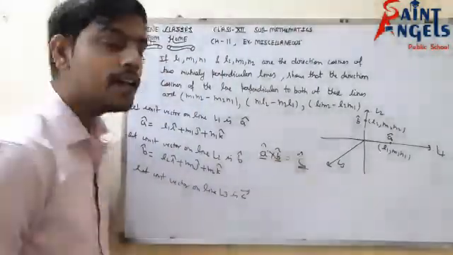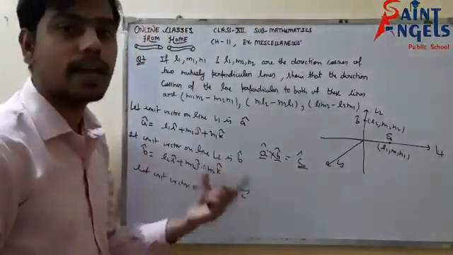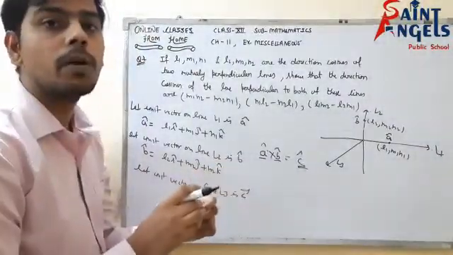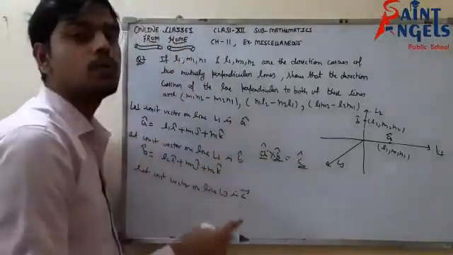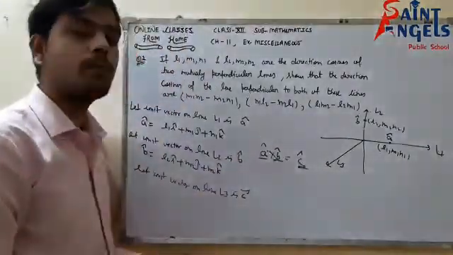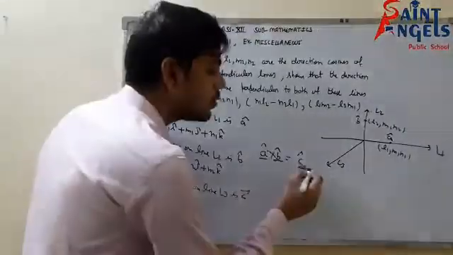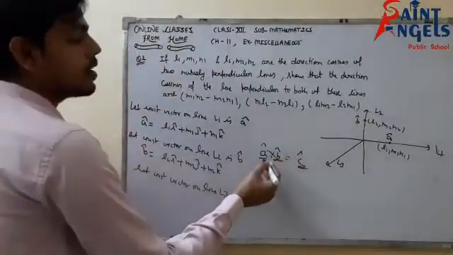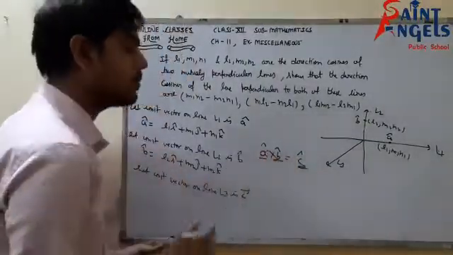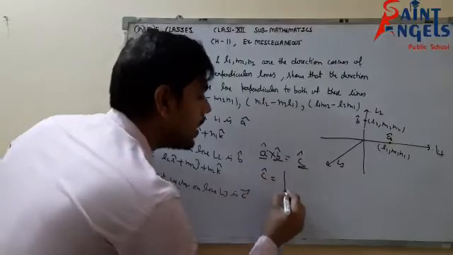Whenever we have a set of three mutually perpendicular lines, the cross product of any two, whether in unit vector form or vector form, gives the third, which is also perpendicular to them. So c cap would be a cap cross b cap.